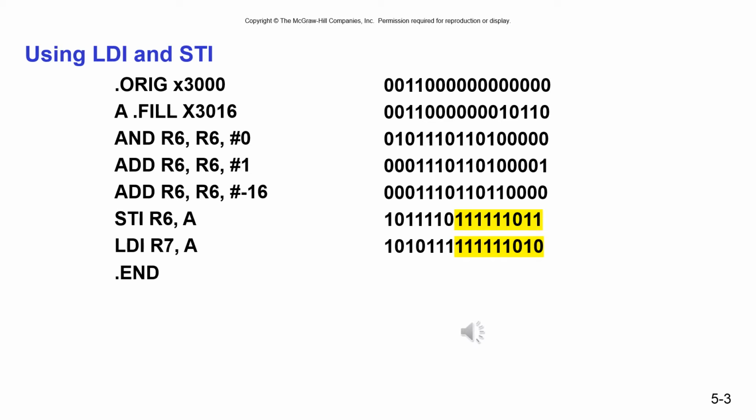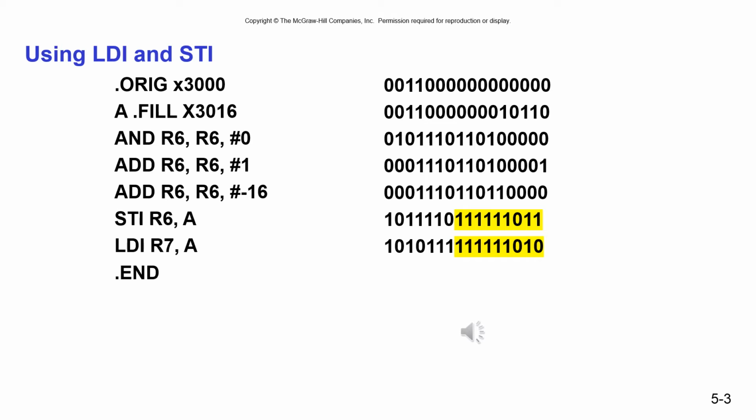I know, lots of moving parts here, but it's the easiest way to do this, to put a label on that particular memory address. So the first thing that we see after the origin statement is 3016 in binary. And you could look at that and see it. So that's a piece of data.